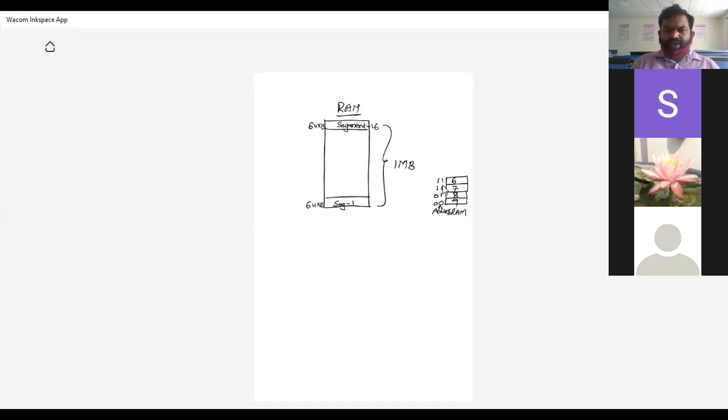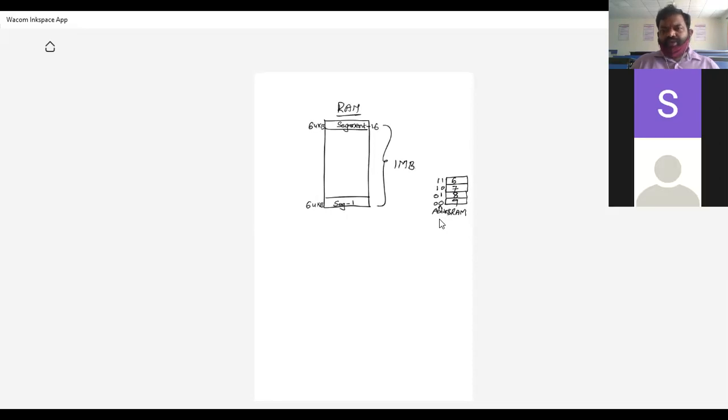For example, I want to call one particular person in the meeting. Either I have to use the name or the roll number, right? I should select the roll number or name, then only I can communicate with my student.